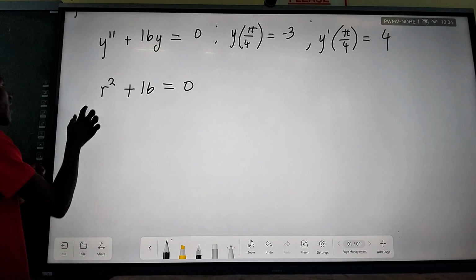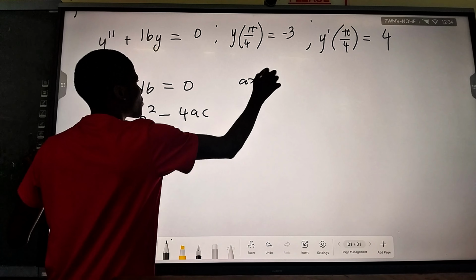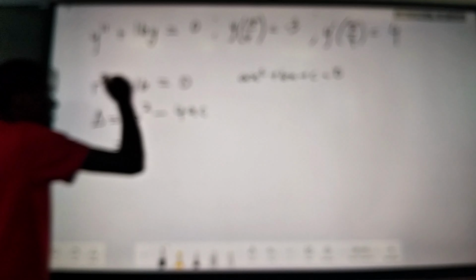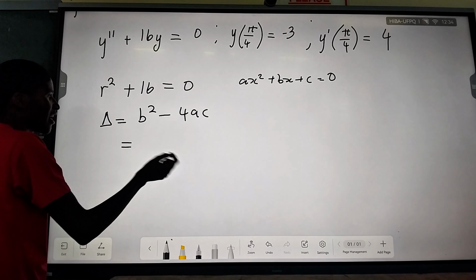So our b here is 0, because this must be ax squared plus bx plus c, and in this case there is no b. So this is 0 squared minus 4 times a, which is 1, and c, which is 16.